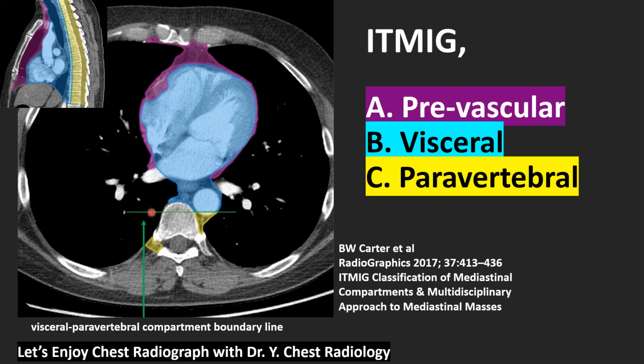Posterior to this green line, named the visceral-paravertebral compartment boundary line, this yellow portion is the paravertebral compartment. So prevascular, visceral, and paravertebral compartments are the new concept of mediastinal compartments. Just simply memorize and print it in our minds. Let's do it.